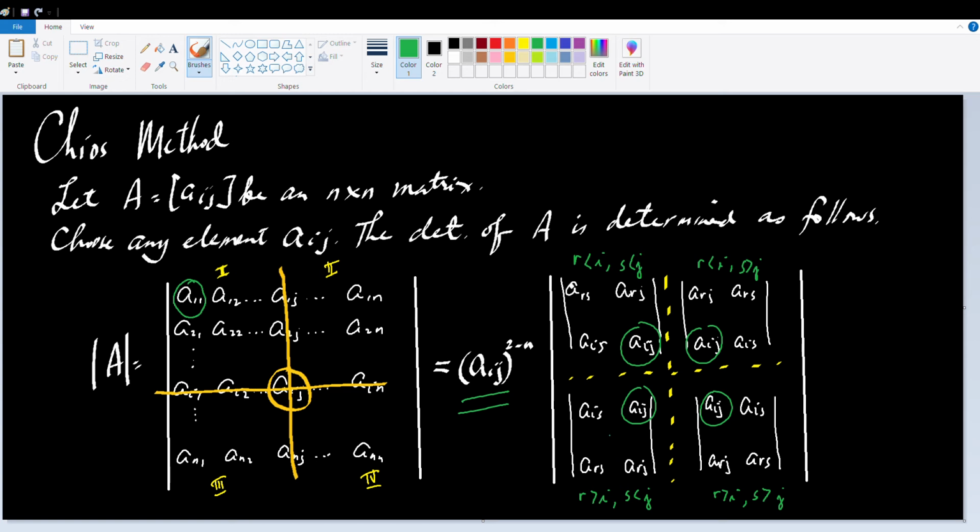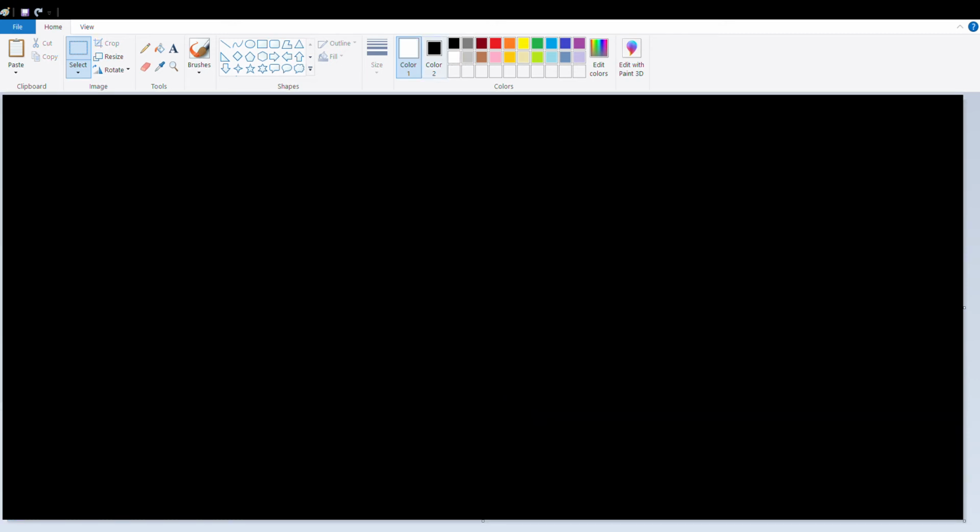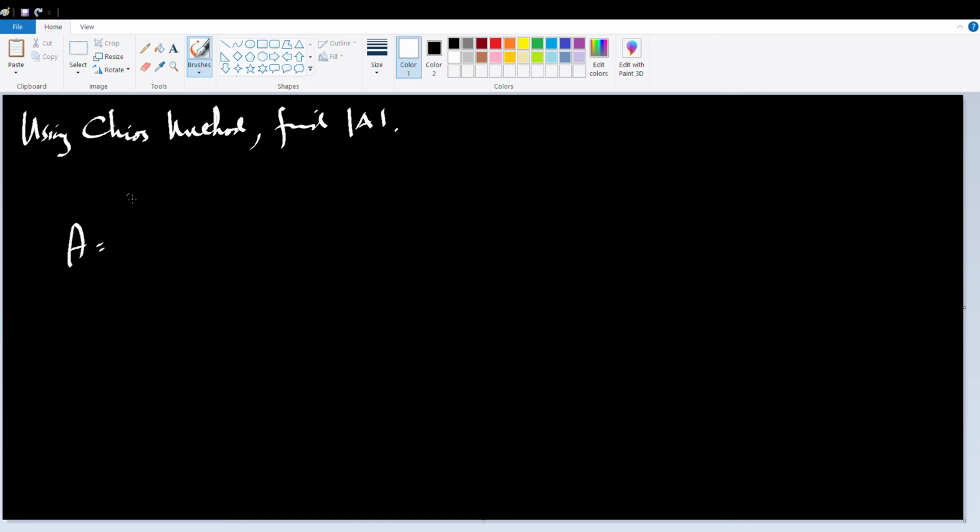Let us have an example. Using Chio's method, find the determinant of A. So A, let us just use the 4 by 4: 3, 1, negative 2, 1; 0, 2, negative 2, 3; 1, 0, 3, negative 1; 4, 1, 0, negative 2.